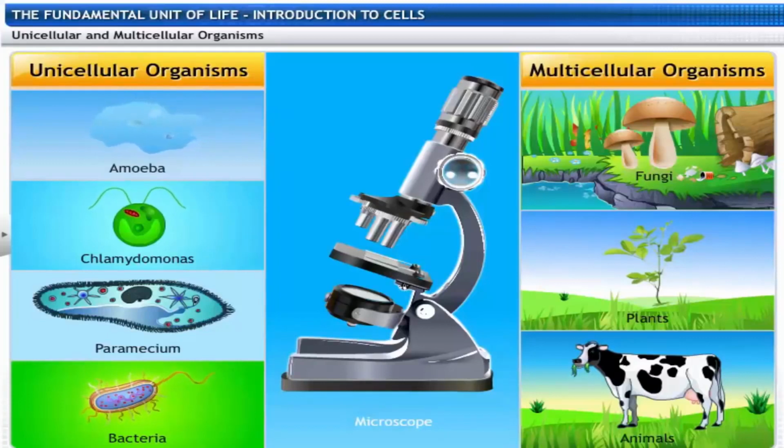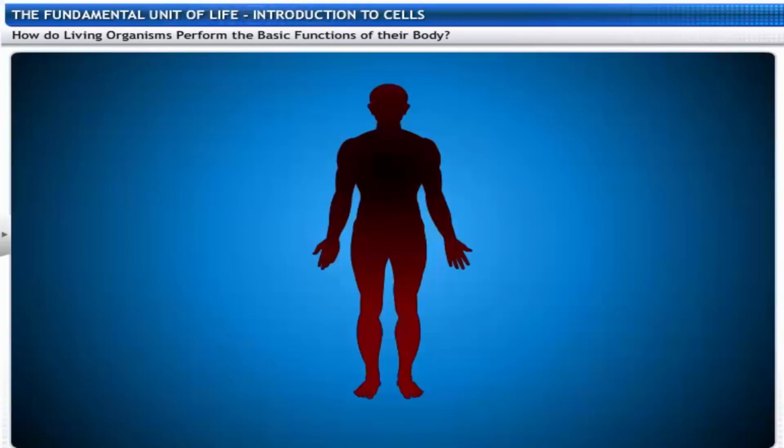On the other hand, in organisms like fungi, plants and animals, multiple cells group together to form tissues. These organisms are called multicellular organisms. Do you know how living organisms perform the basic functions of their body?